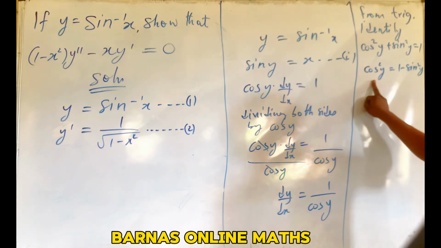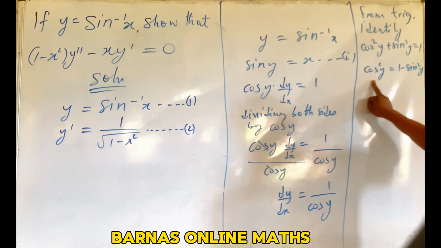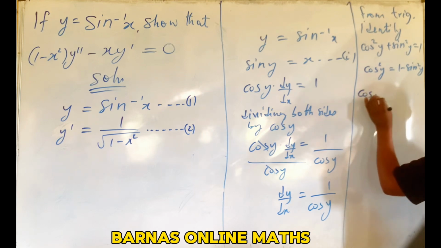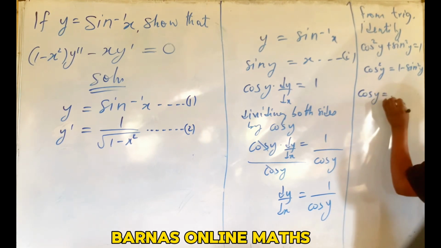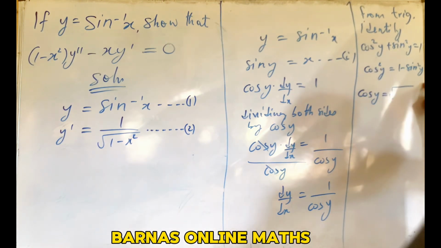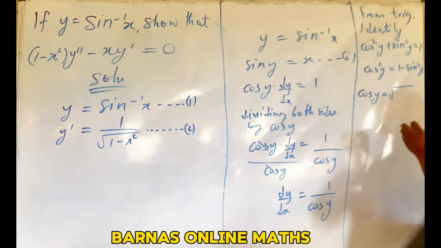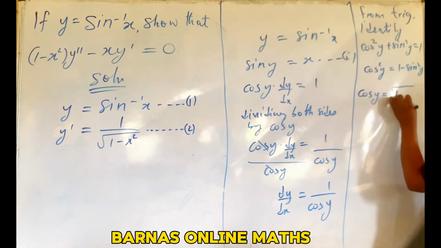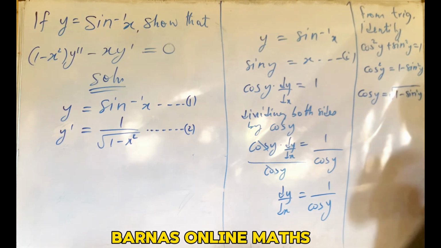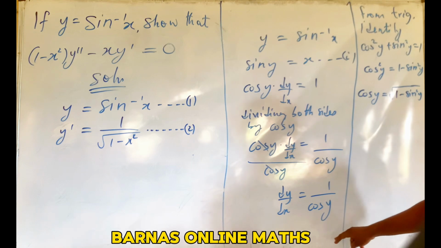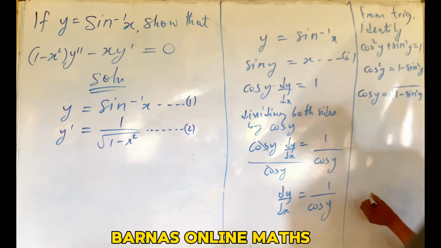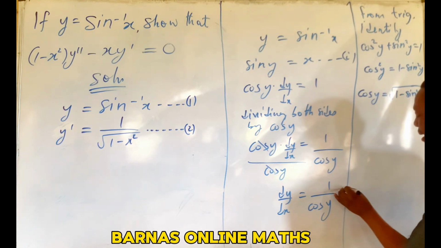Our target is to make cos y the subject of the formula. That gives us cos y equals the square root of 1 minus sin squared y. Remember, there is a power here, and once the power crosses the equality sign, it changes to a root. Let's call this equation II.